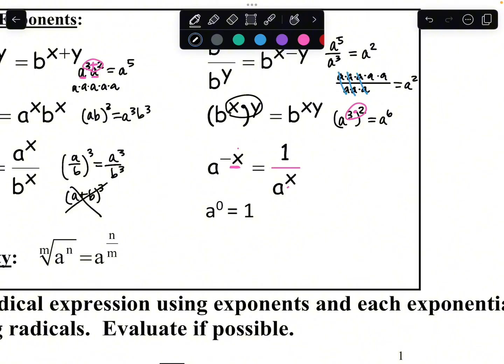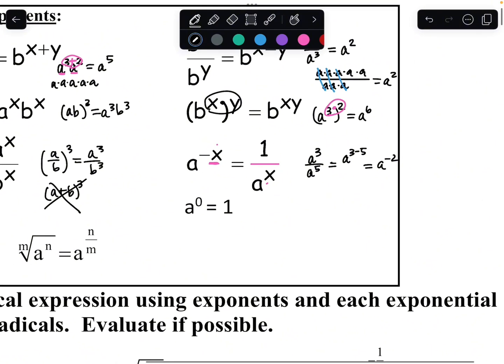And so to see why you do that, you could think of if I had a cubed divided by a to the fifth, if I use that subtraction rule, I would end up with a to the negative 2 power.